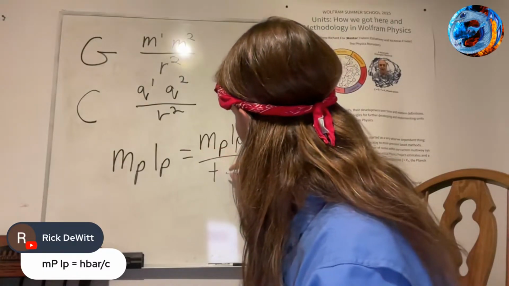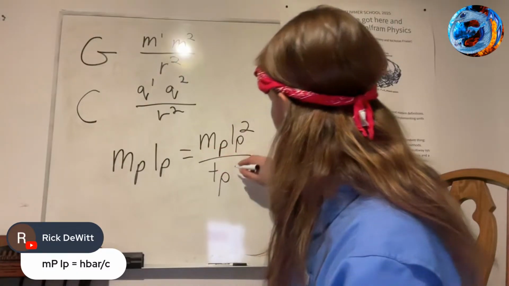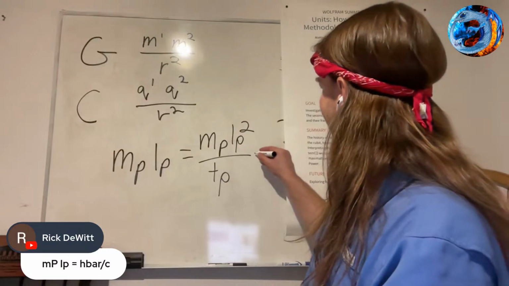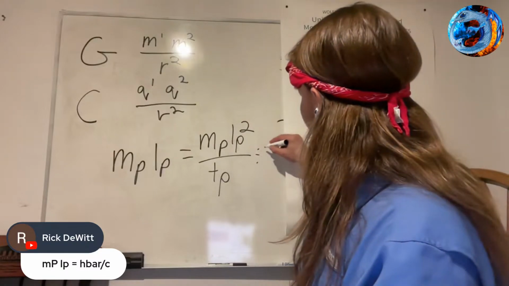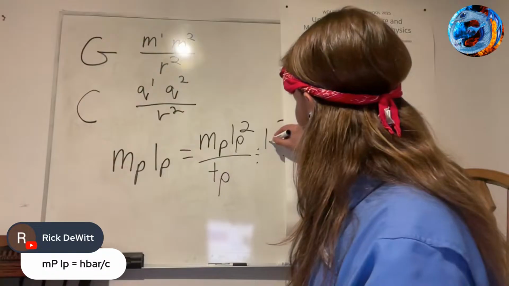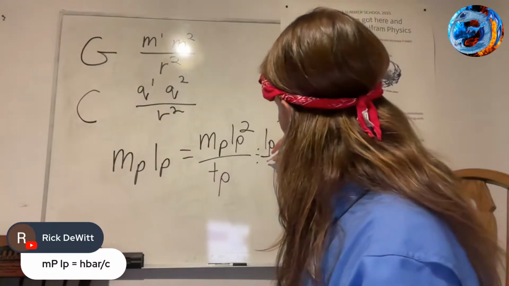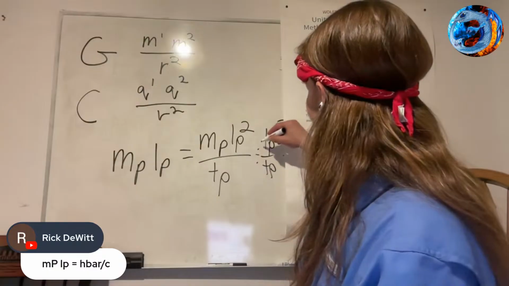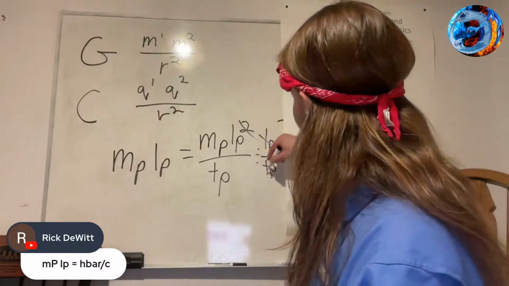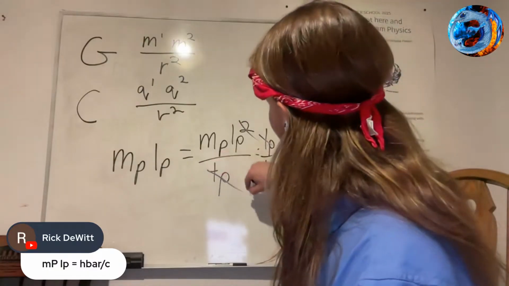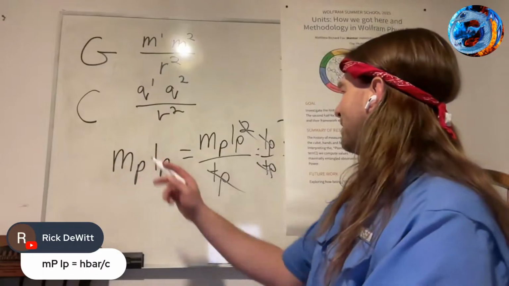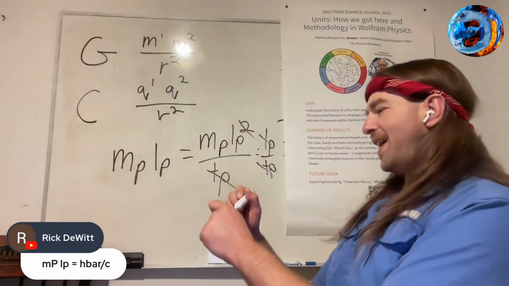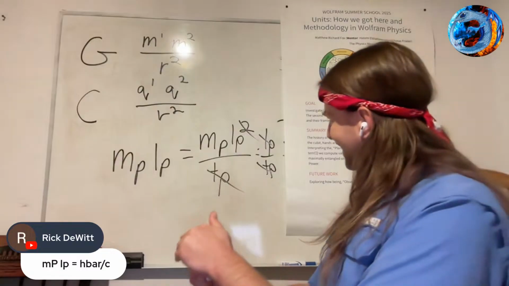So it's time there. We're going to divide this by C, which is length divided by time. All right, so cancel that out, cancel that out. Yes, that is correct. Planck mass times Planck length is the elementary unit of action divided by the speed of light.